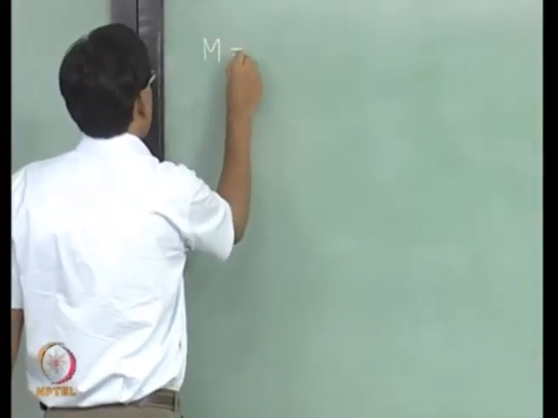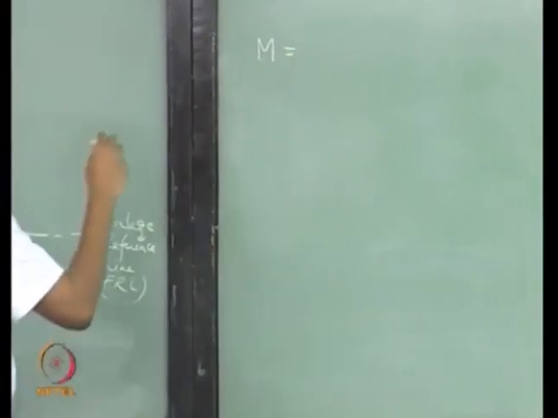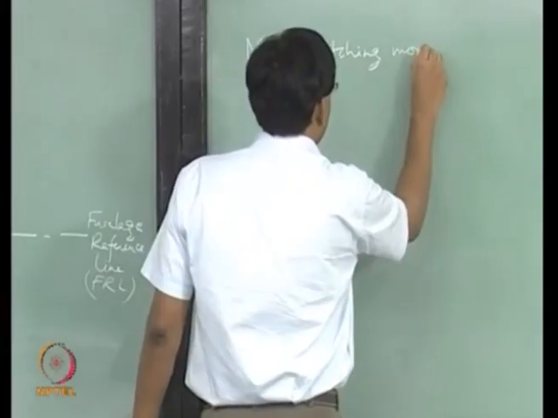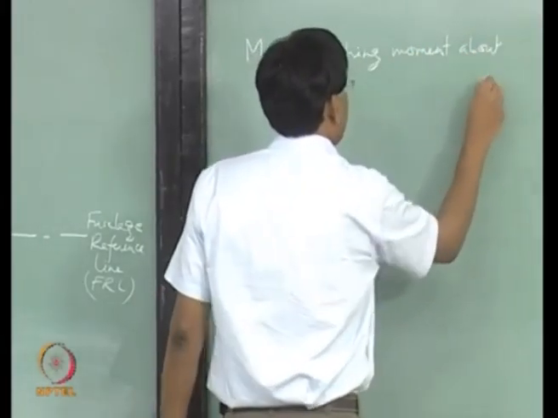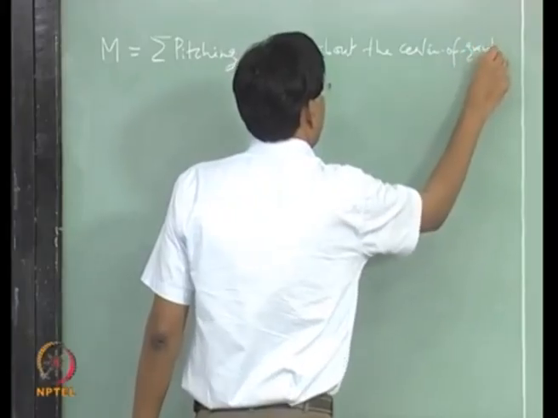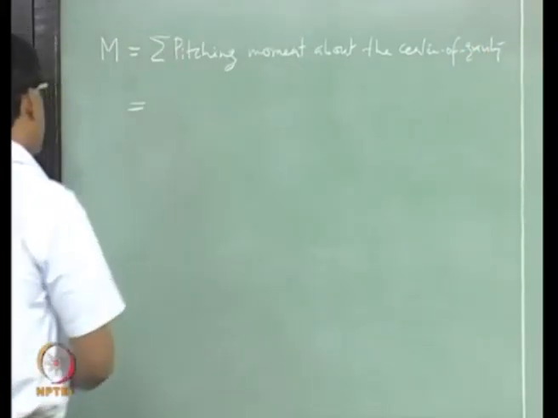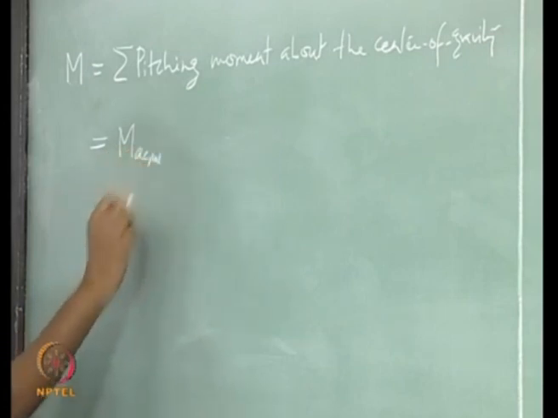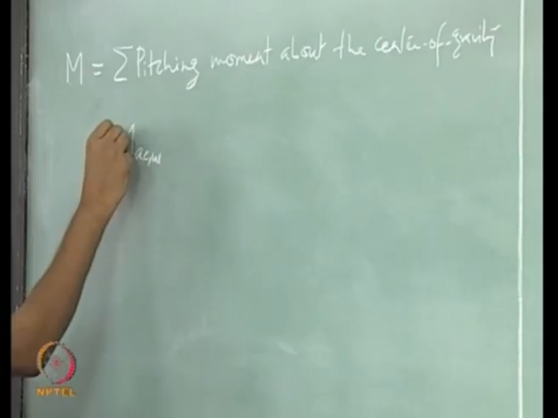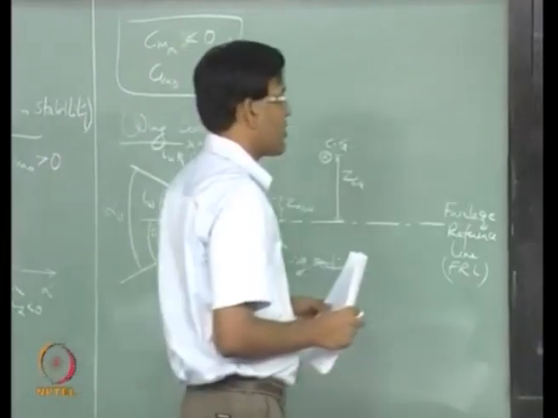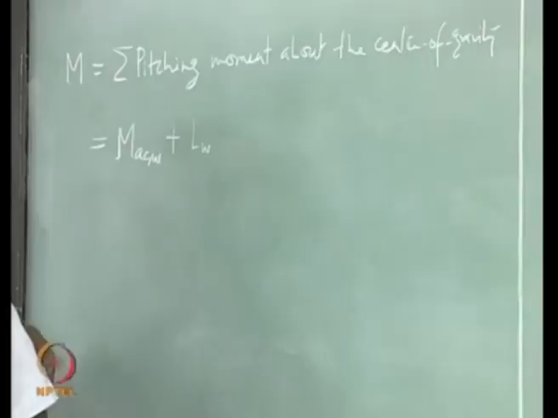So, the pitching moment about the center of gravity is equal to MAC W, which is the residual moment, and the moments coming because of the lift and drag forces.